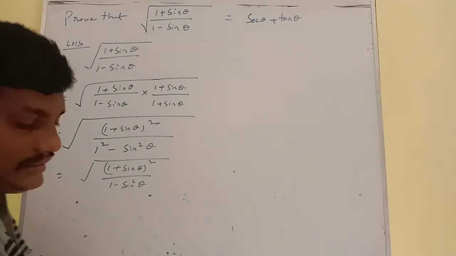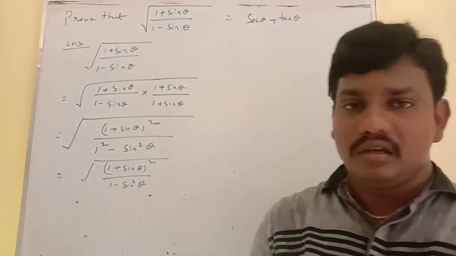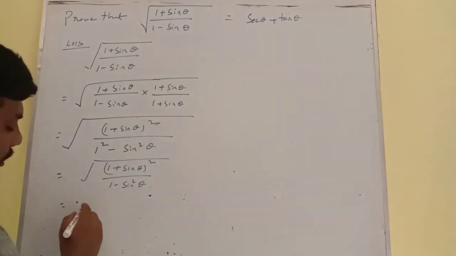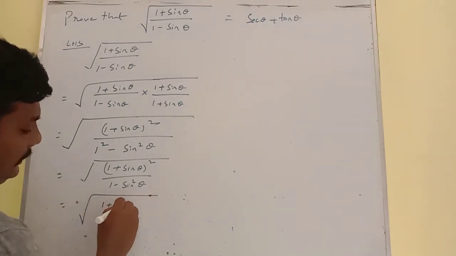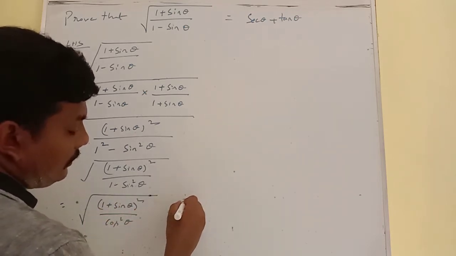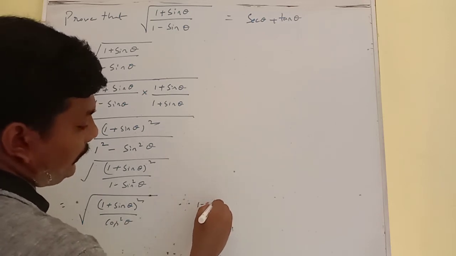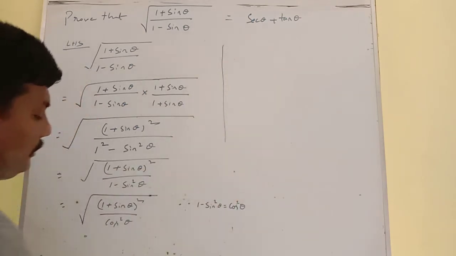What about 1 minus sin square theta? In the previous problem we discussed that 1 minus sin square theta equals cos square theta based on the first trigonometric identity. So that's the reason why we are using this: root of 1 plus sin theta whole square by cos square theta, since 1 minus sin square theta equals cos square theta.